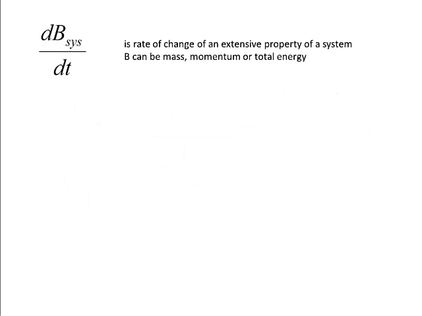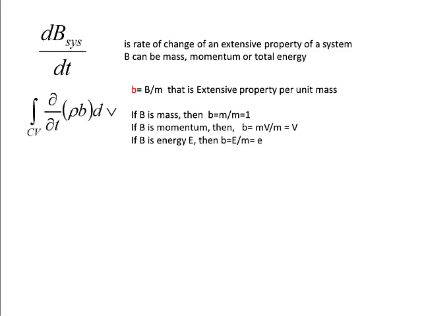dB system by dt is the rate of change of an extensive property of a system. For example, it can be the rate of change of mass or momentum of the system. In the next term, small letter b is the intensive value of property B under consideration. The meaning of these terms can be discussed next.